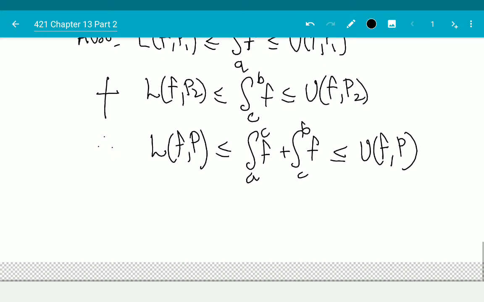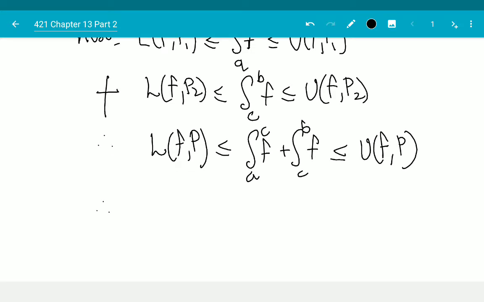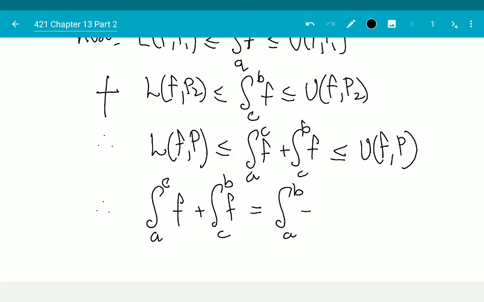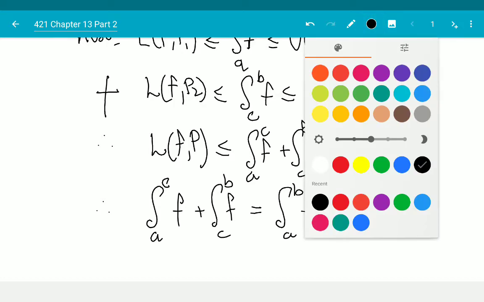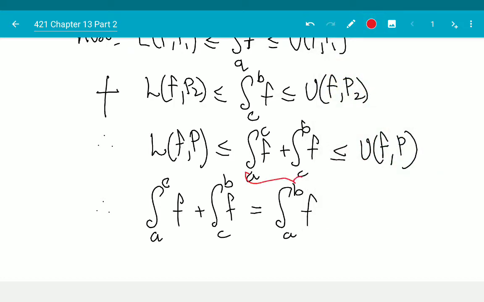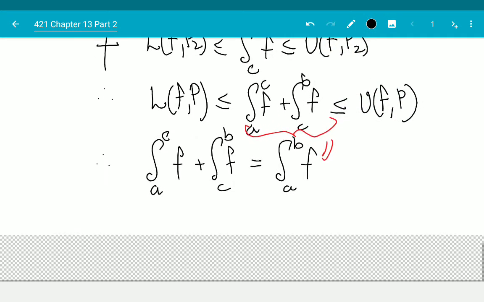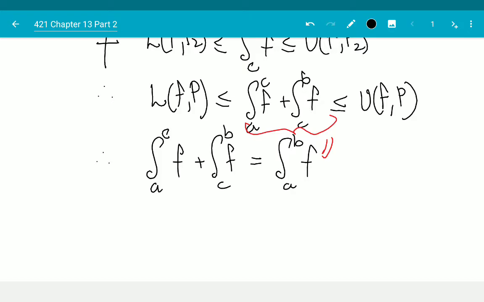So I'm adding these two, therefore I get this, and that proves that the integral A to C of f plus the integral C to B of f is equal to the integral A to B of f, because this middle term, the thing that lies between the two in the limiting case, is exactly the integral A to B of f. Well, that shows the forward direction.